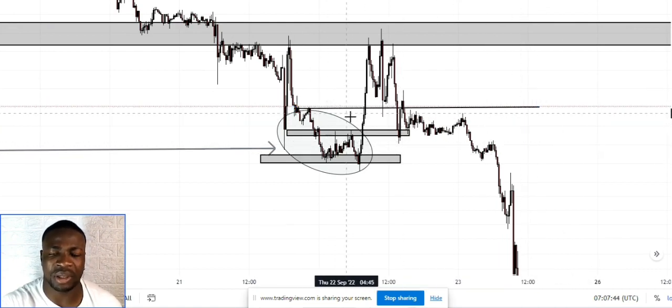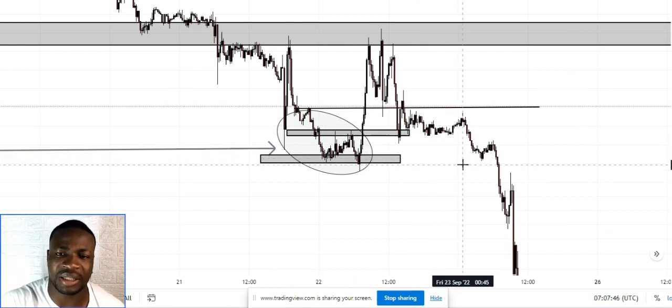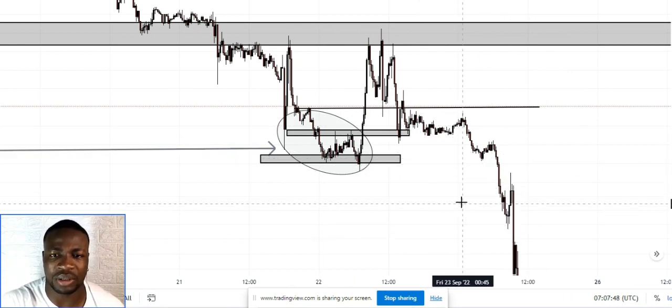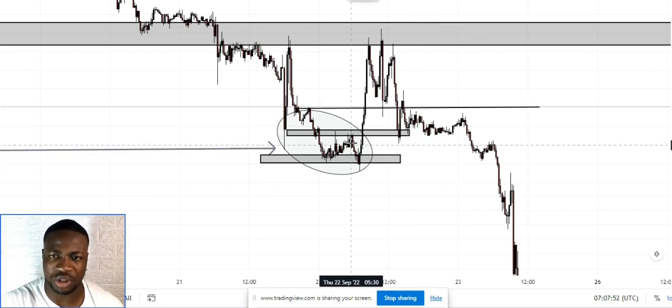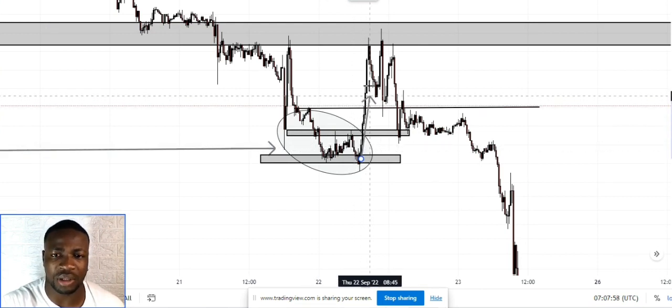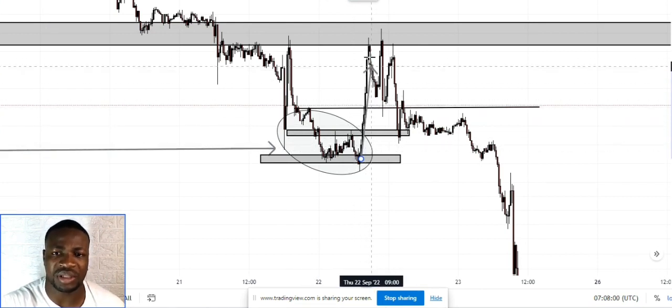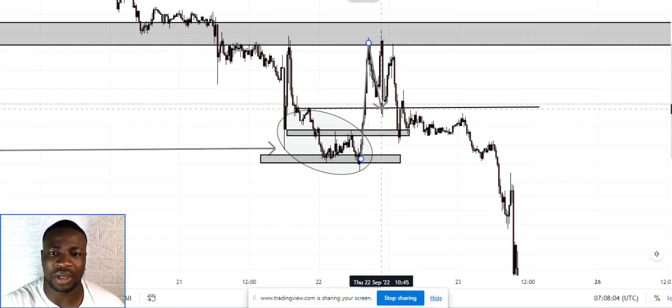And obviously, once the lower high is being broken, that indicates that buyers are stepping into the market. So in that situation, we are looking for patterns such as break and retest, which just means that the market should break the range that is created to indicate that buyers are strong, stepping back into the market, which is happening right now. And then you look for a retest of that range.